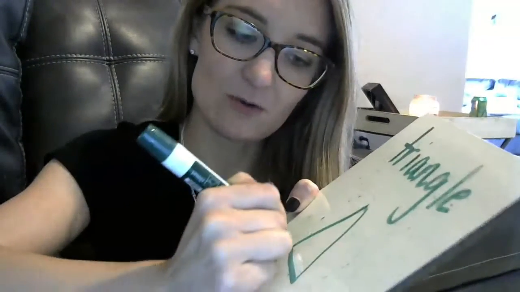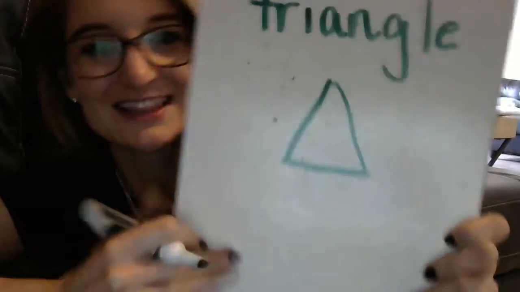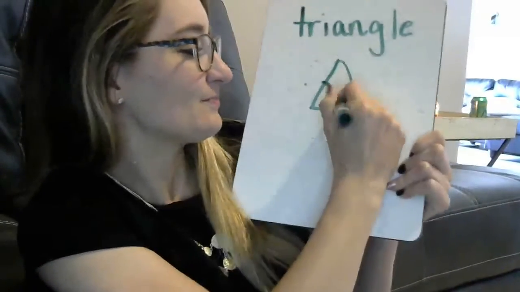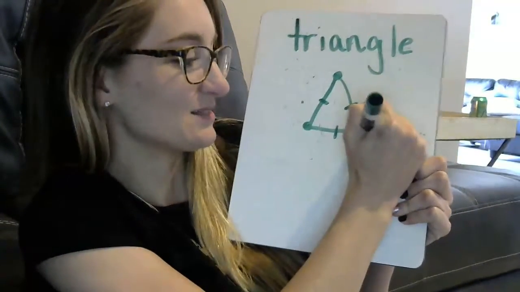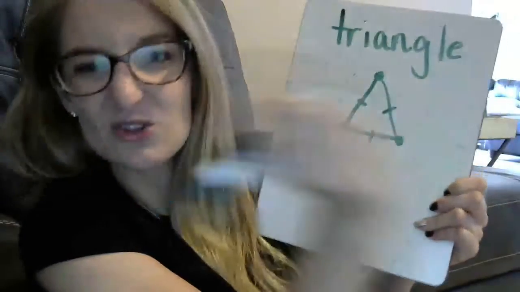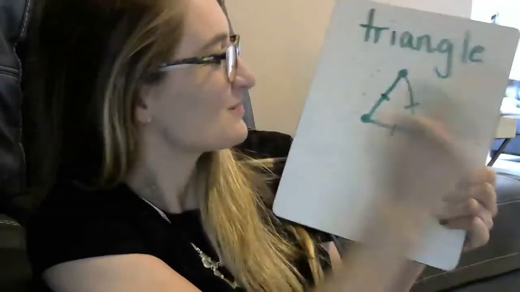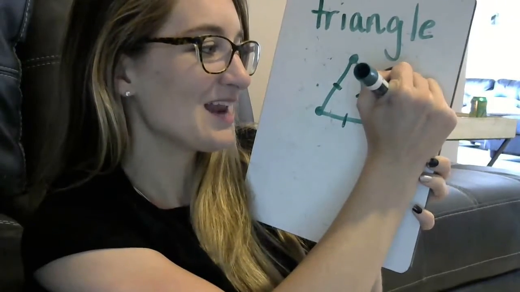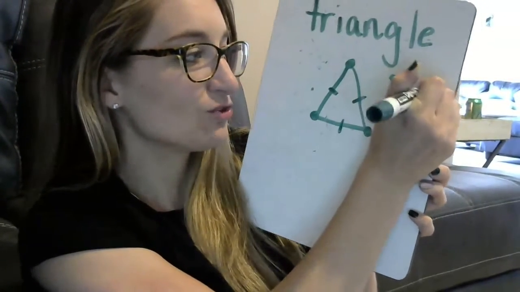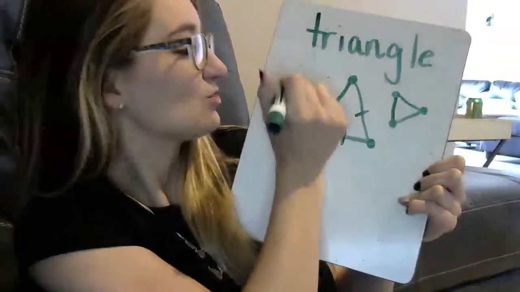So a triangle is a shape that has 3 lines and 3 vertices. So we know that a triangle often looks like this. It's got 3 lines and 3 vertices or corners, but we know that we use our math brain and call them vertices. You can make a triangle going any other direction as long as you have 3 straight lines and 3 corners.